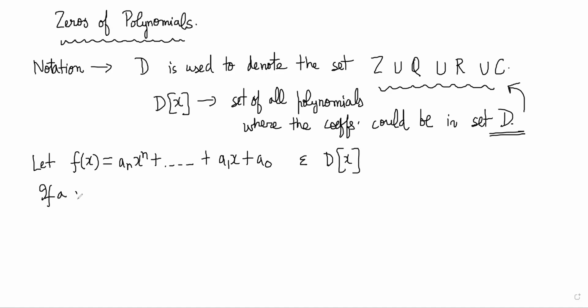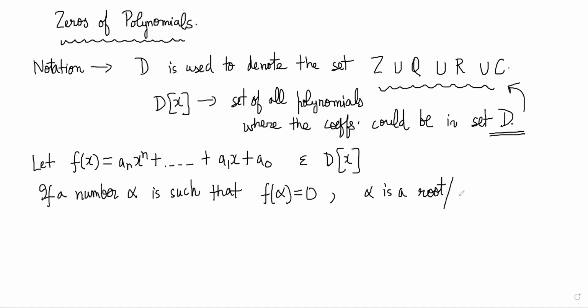If a number alpha is such that f of alpha is equal to 0, then alpha is a root, or a zero, of f of x. That is the basic definition of a root.